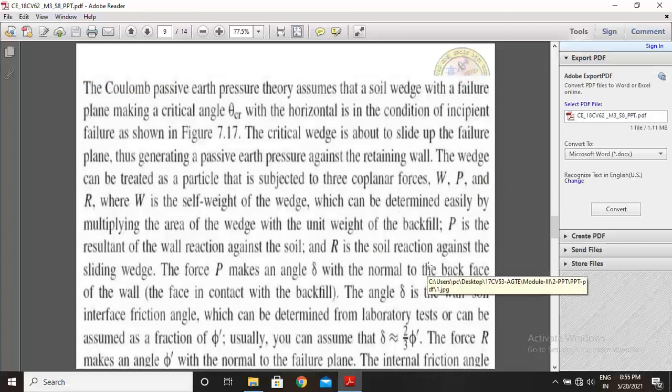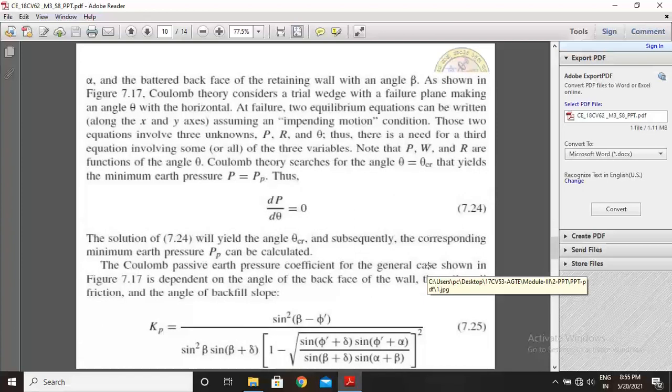At failure, two equilibrium equations can be written, that is along the x and y axis, assuming an impending motion condition. Those two equations involve three unknowns, that is P, R and theta. Thus there is a need for a third equation involving some of the three variables. Note that P, W and R are functions of the angle theta.